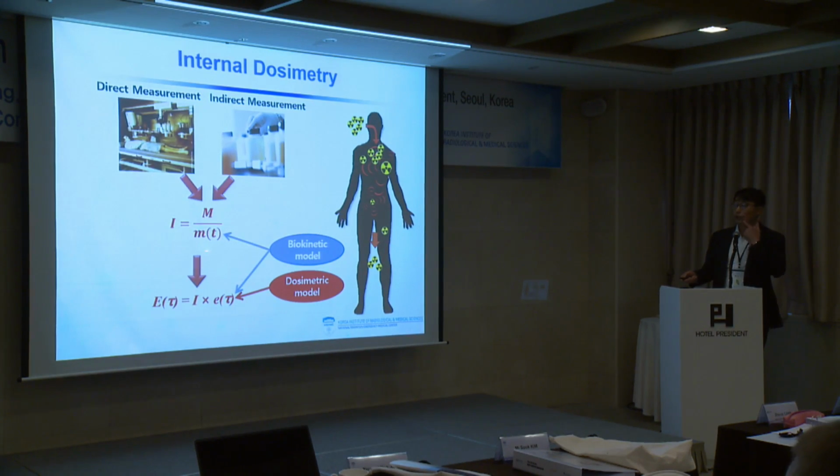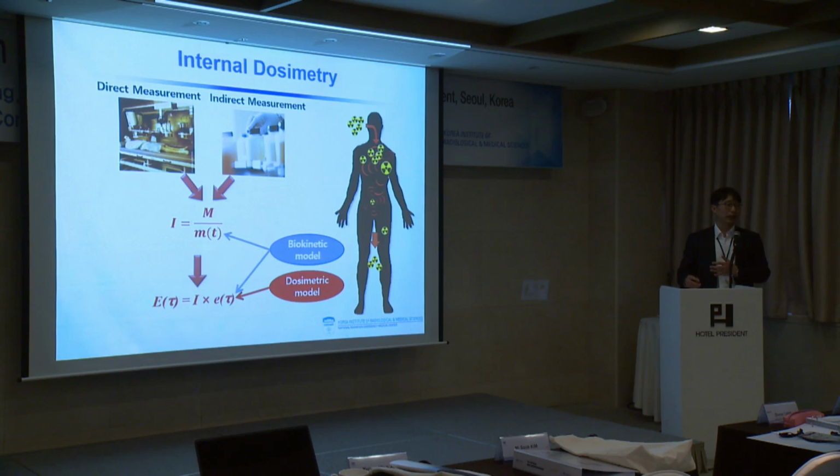And this is the process. I want to show you again that the bioassay function was determined by using the biokinetic model, because the biokinetic model describes the behavior of the radionuclides in the source regions. So we can know the retained fraction of the radionuclides or the excreted fraction in the excreta sample from the ICRP.